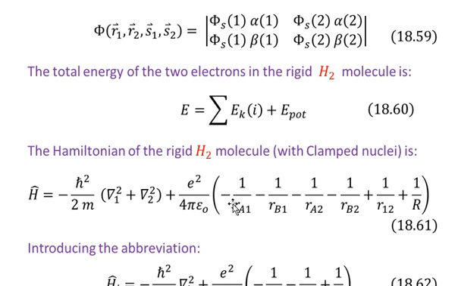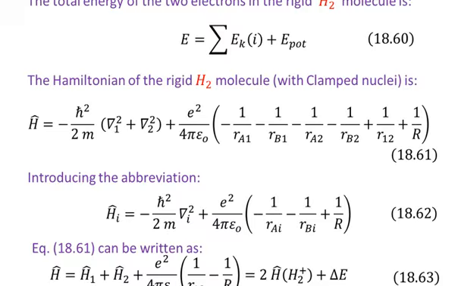And you know that when I am writing R_A1, it means the separation or the distance of electron 1 from nucleus A. R_B1 means that electron 1 is at a distance from nucleus B, and R_A2 means electron 2 from nucleus A. R_B2 means electron 2 from nucleus B, and R_12 is the separation between electron 1 and 2, and the capital R is the separation between the two nuclei.